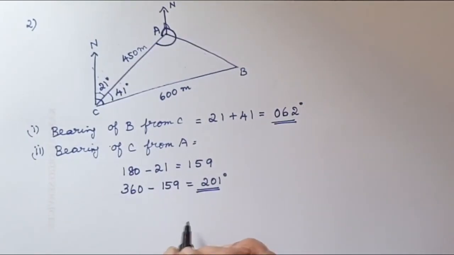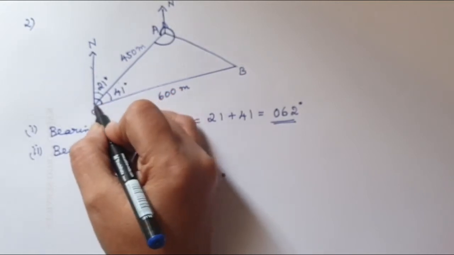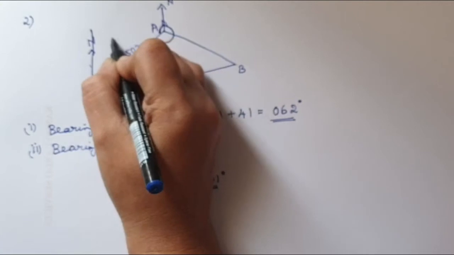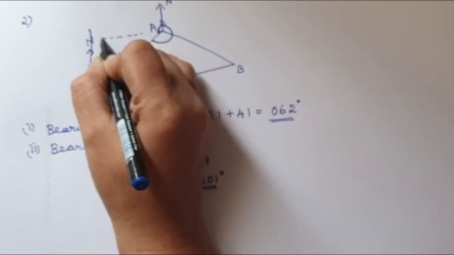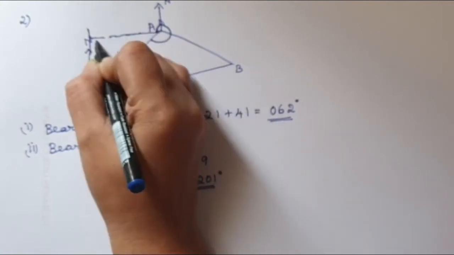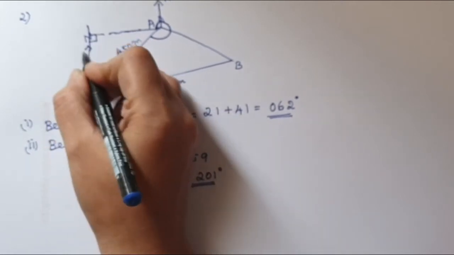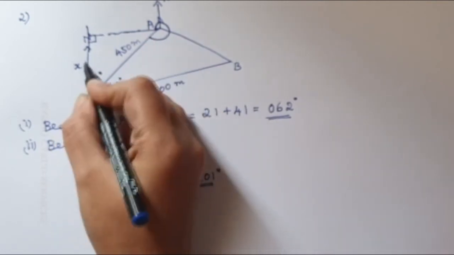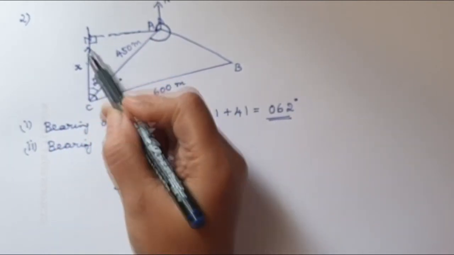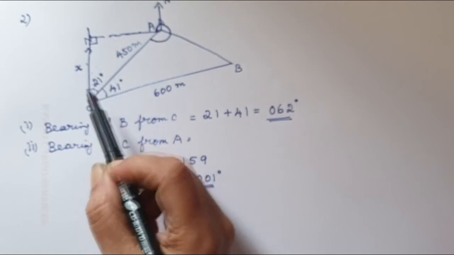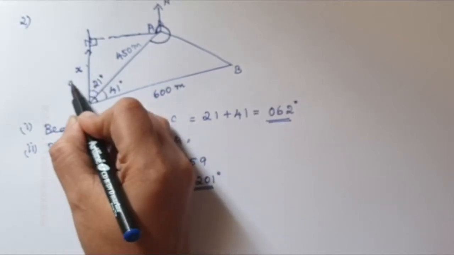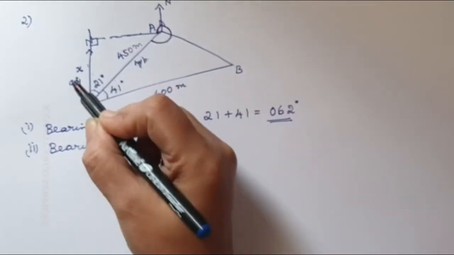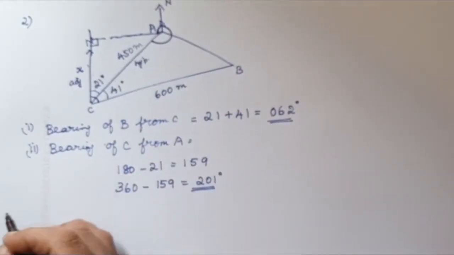Calculate how far A is north of C. From C, A is how far north. So you extend this northern line, and then when I just connect it over here, this is the perpendicular over here. So this distance has to be calculated. This is 90 degrees and this is the angle given. So this will become our adjacent side and this is our hypotenuse, and we need to calculate our adjacent side.